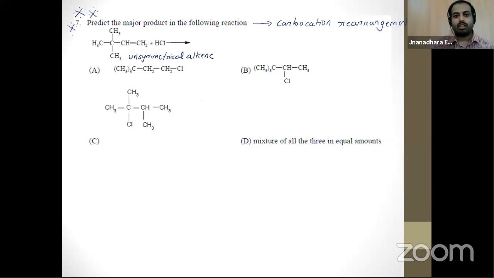Now take for example this question itself. This was the alkene given, CH3, C, CH3, then you have CH3 here, CH double bond CH2. Now, how do we normally answer this question? We would blindly apply Markovnikov's rule. H goes to the first carbon atom, carbon 1, and Cl goes to the second carbon atom.